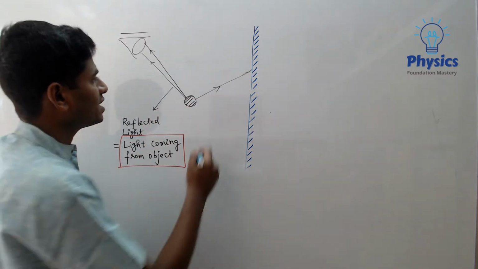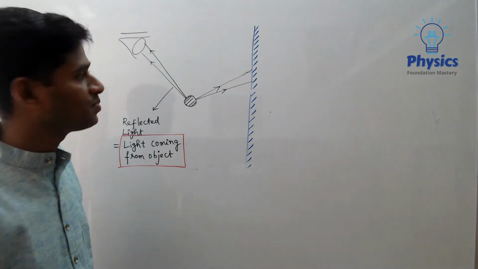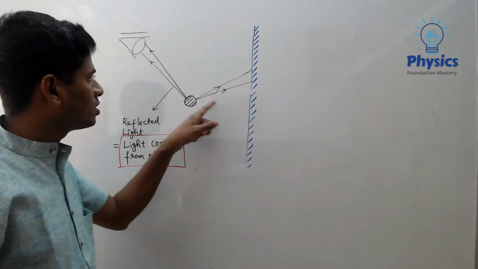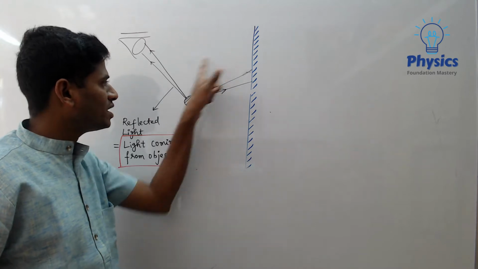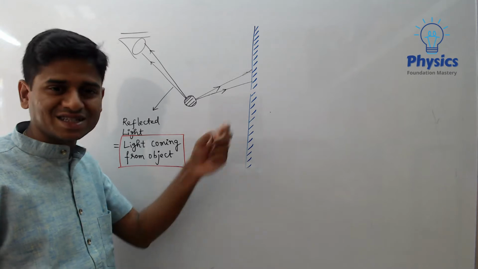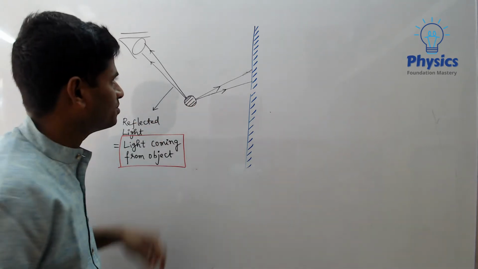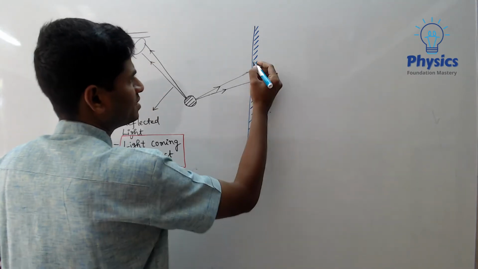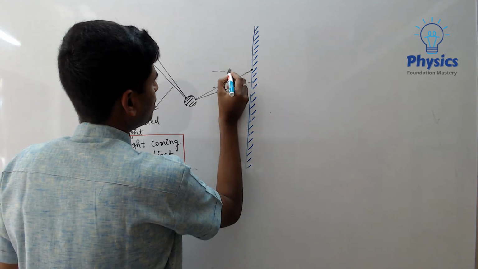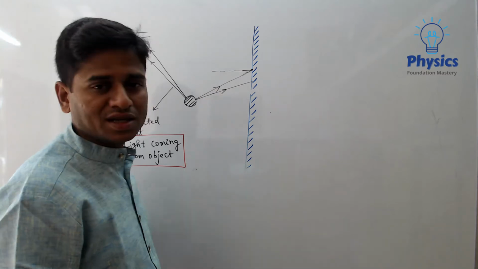Now this is one ray, and let us consider you have another ray here. Now again I am going to tell you, this light which is coming out from the object is very, very important. Why? Because this light carries the visual information about this object. Alright. Now, at this particular point, this is called the point of incidence. At the point of incidence, if I draw a normal to the mirror, that is called the normal.